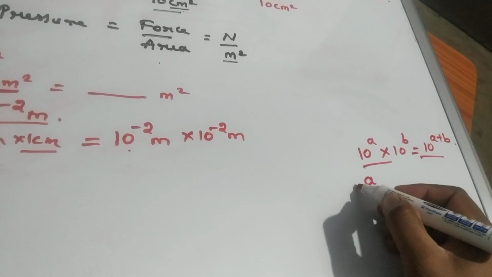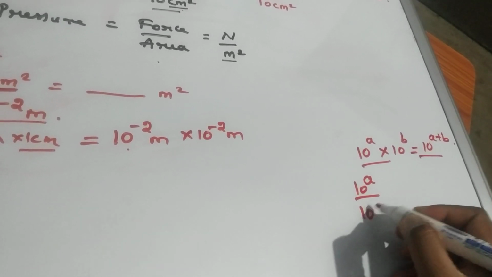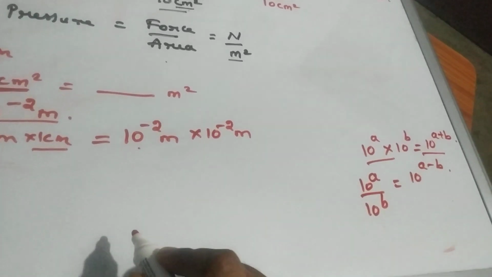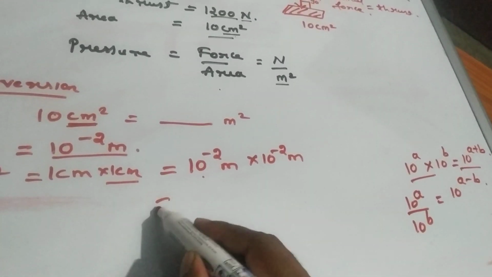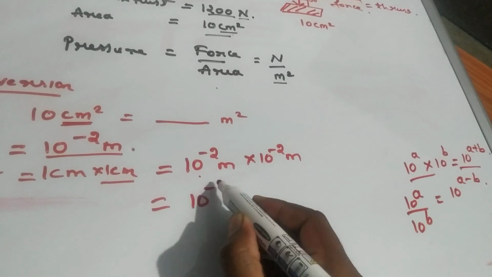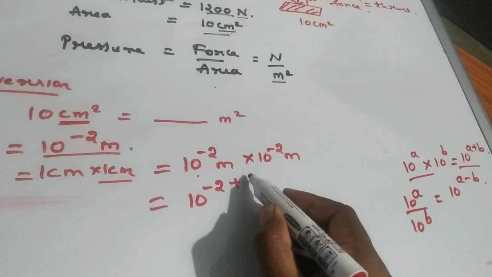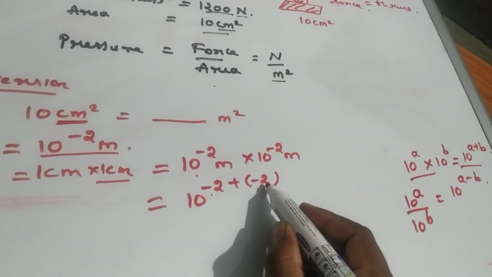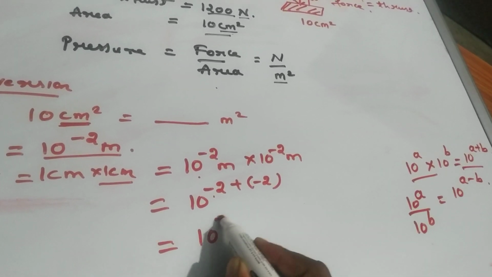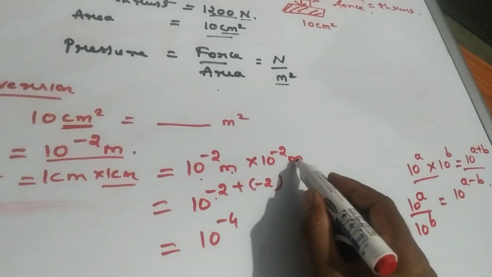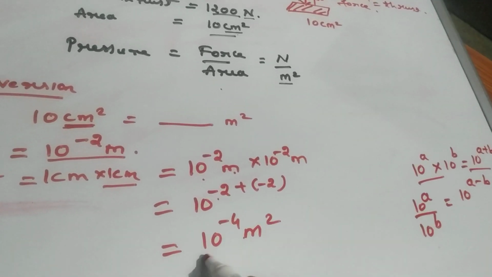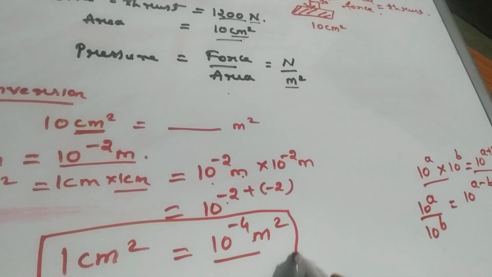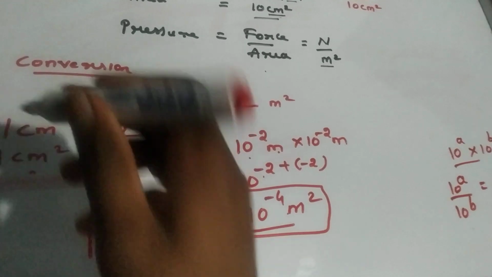Similarly, 10 to the power of A divided by 10 to the power of B can be written as 10 to the power of A minus B. Now we have minus 2 plus minus 2, so that becomes 10 to the power of minus 4 meter into meter, which is meter square. That means 1 centimeter square is 10 to the power of minus 4 meter square.